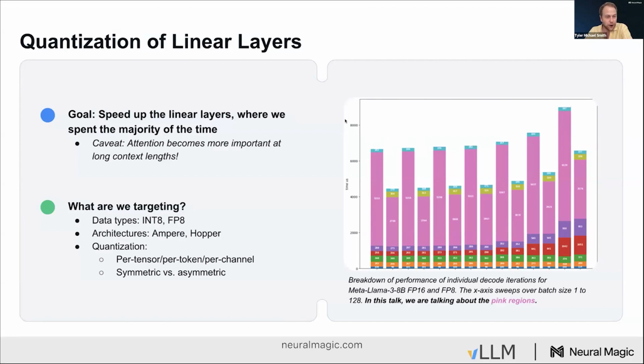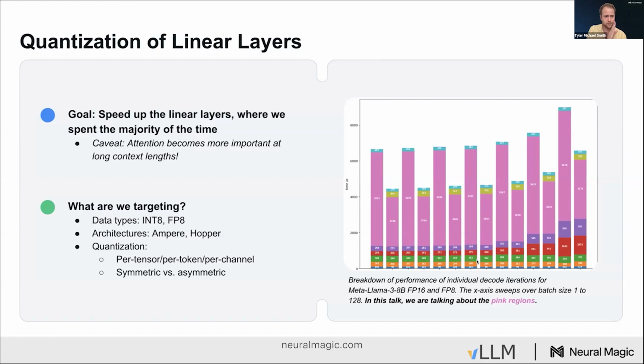The first thing you'll probably notice here is the wide swaths of pink. The pink layers are the dense GEMMs, the linear layers. You'll also notice that that's the main difference between the FP16 and FP8 charts, that's really the only thing we've sped up. Some other interesting things here. Red is attention.